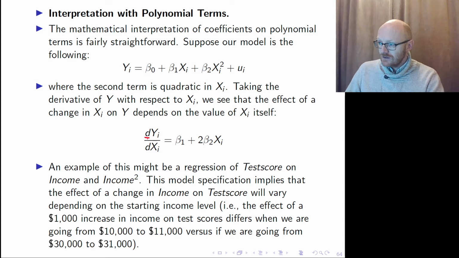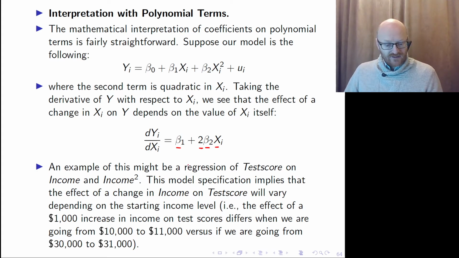So you have a small change in y relative to a change in x, and this is equal to the linear slope plus 2 times the quadratic slope, the slope for the quadratic term, times x itself, right?